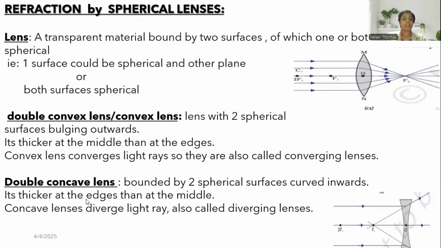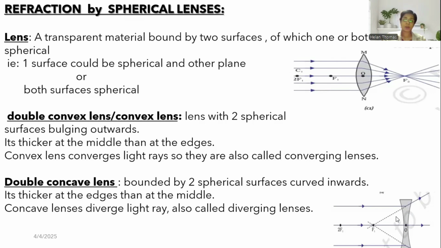The double concave lens is the lens where both spherical surfaces are curved inwards. In that case, it will be thicker at the edges and thinner in the middle portion, as both the spherical surfaces are concave.